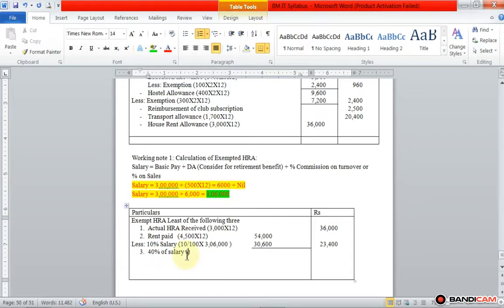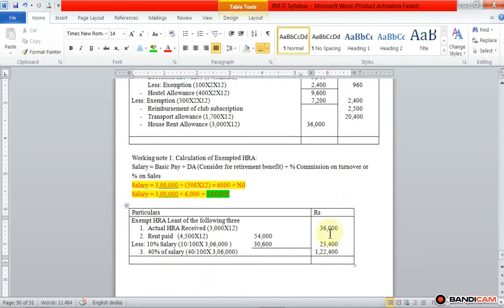So 40 divided by 100 multiplied by salary 3,06,000, and the amount is 1,22,400. Now we compute the exempted HRA very easily. Whichever is the least of the three is the exempted HRA.